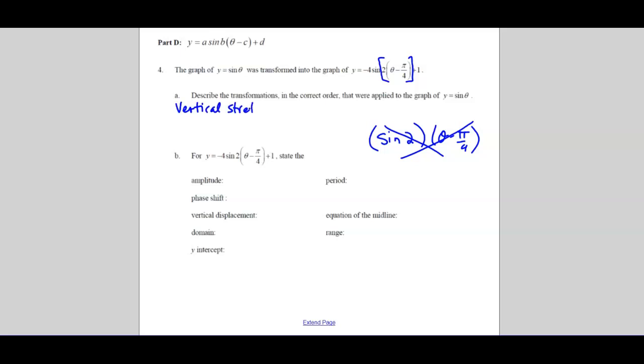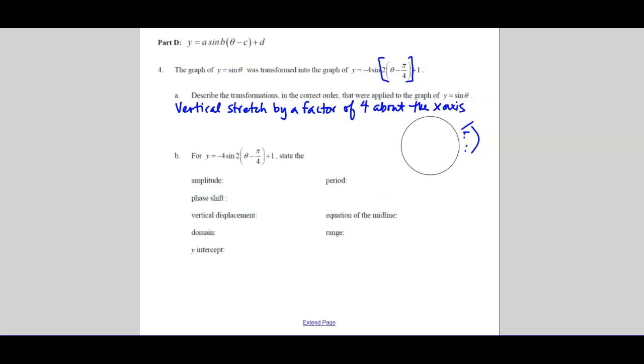stretch by a factor of 4 about the x-axis. We've got a horizontal stretch by a factor of, so that 2 in front, remember you take the reciprocal.